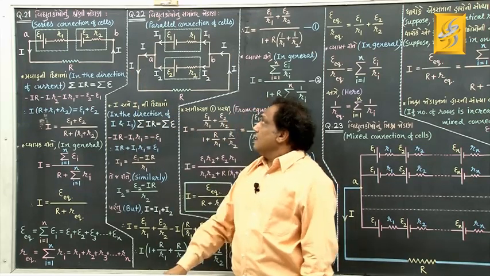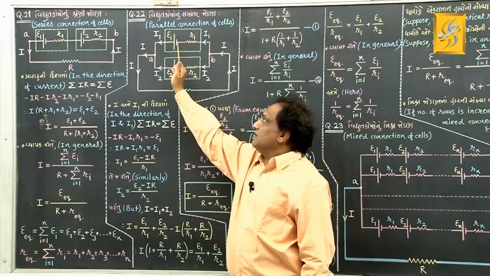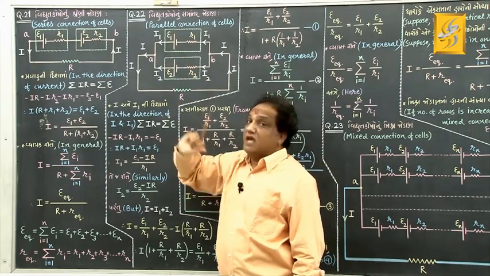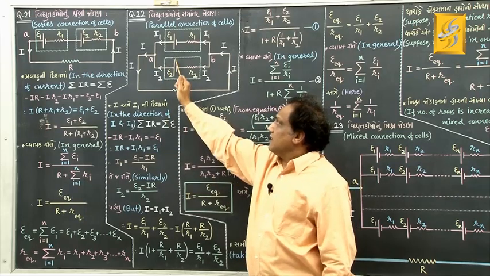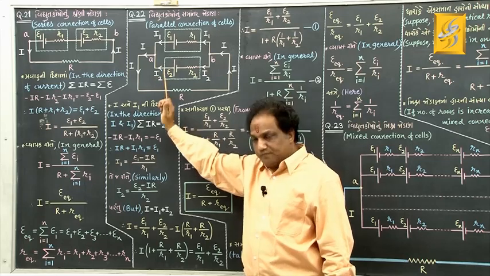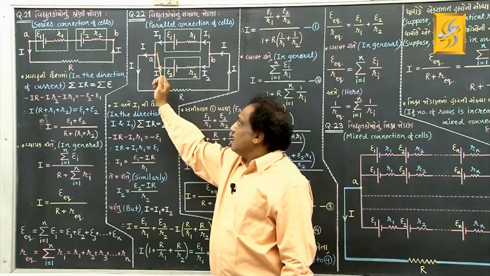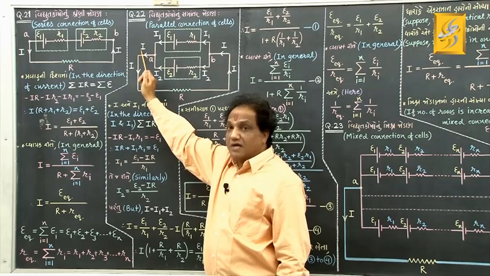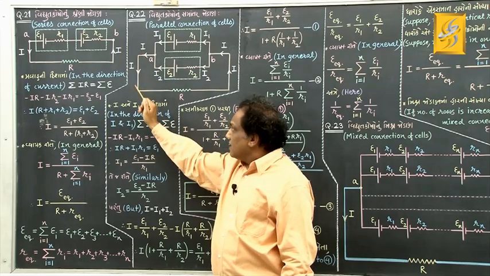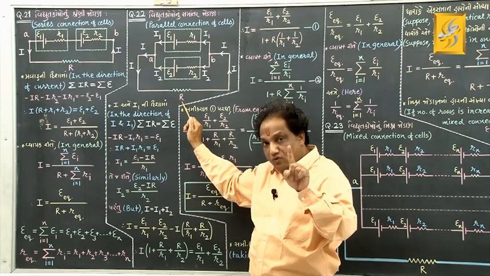Okay? Now, from the positive terminal of first cell, the current emanating is suppose I1, and current emanating from positive terminal of second cell, let it be I2. This I1 and I2 will add up at this point, and the total current is suppose capital I. And that total current capital I passes through this external resistance, which we require to find out.